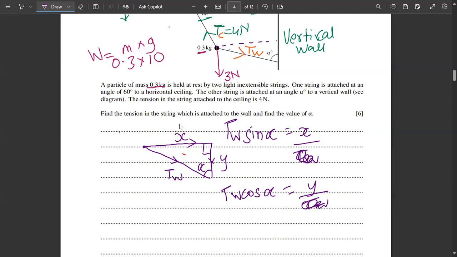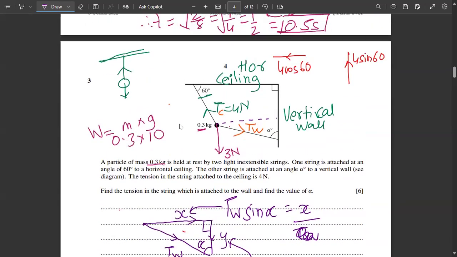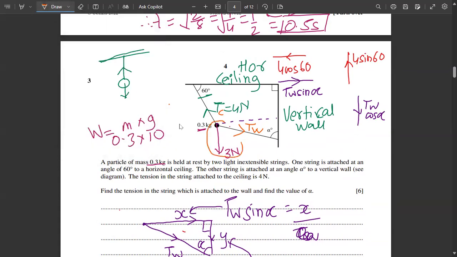So let me rewrite that also. So this will be TW sine alpha and this will be TW cos alpha. And there is one more force, that is the 3 Newton weight, which is acting downwards. So I'll write it here itself, 3 Newton.